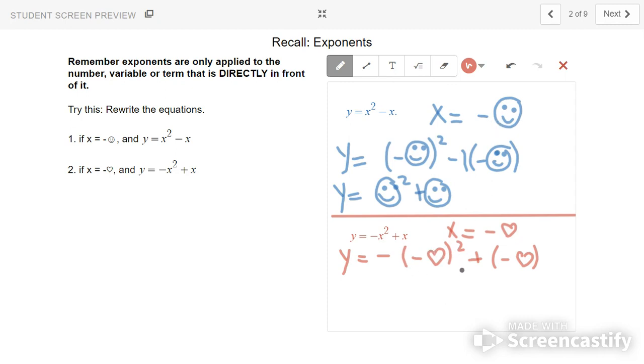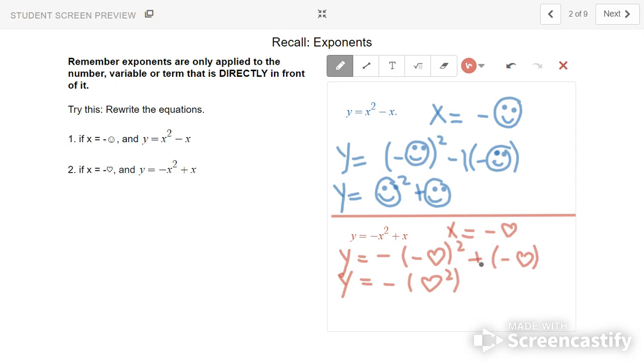After I've substituted it in, now I can simplify by using order of operation. And in this case, order of operation says I must do the exponent first before I multiply it with the negative sign. So the next row, when I continue, I would have negative bracket heart squared because the 2 negatives became positive and I have heart squared.